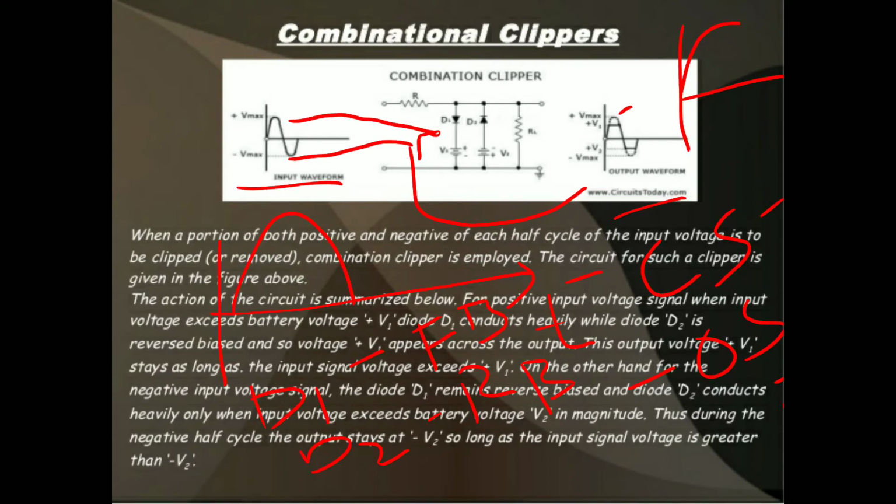Suppose we are taking the input as 6 volts, but the output we are getting is this only. This is input, this is output. That means the reference voltage is fixed at 5 volts, and that voltage only will appear at the output side. So again we are considering the negative half cycle.